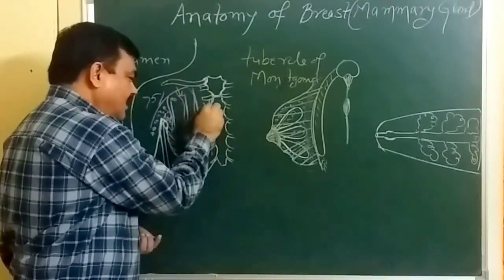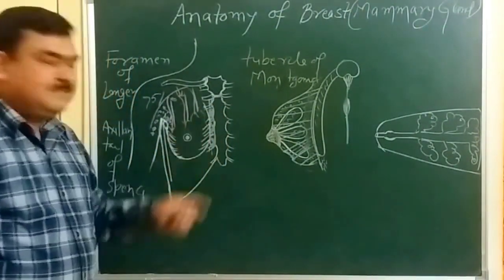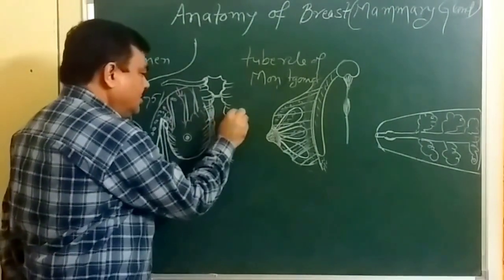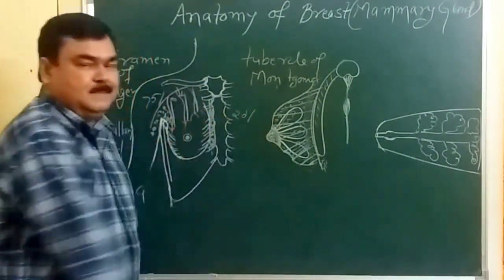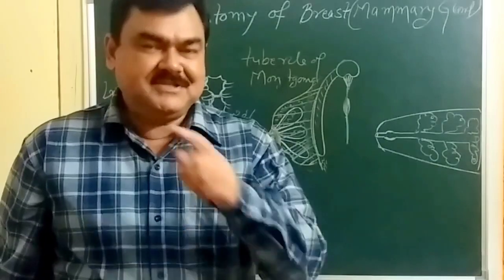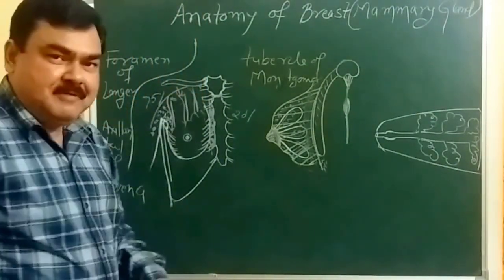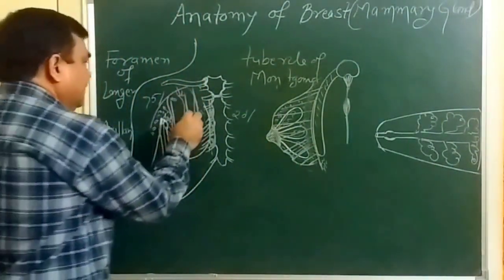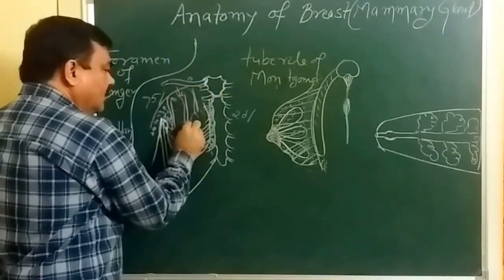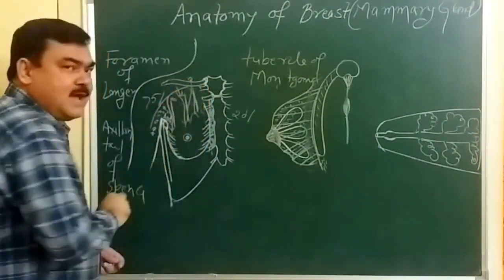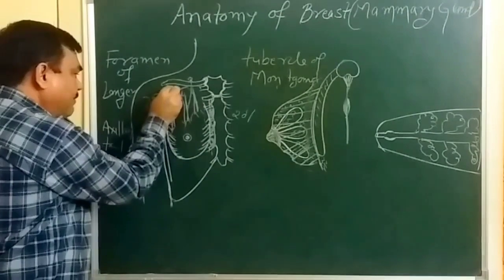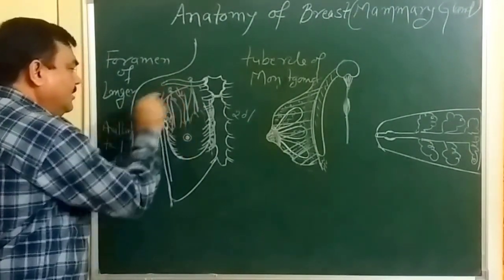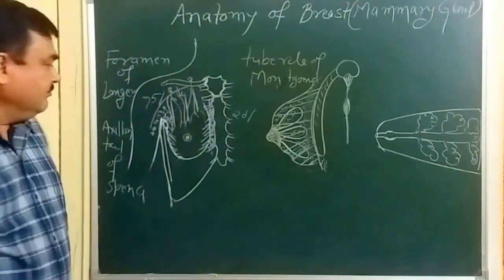Here is the parasternal lymph node. Just 5% go into different places like the supraclavicular lymph node. Here is the deltopectoral lymph node, so some go into the deltopectoral lymph node.